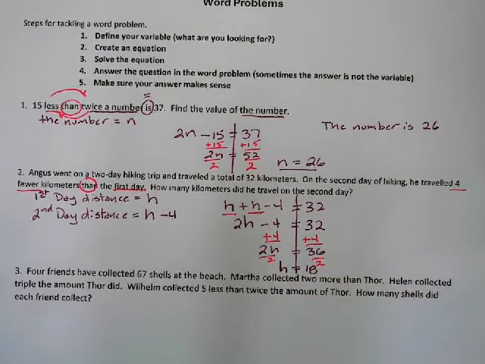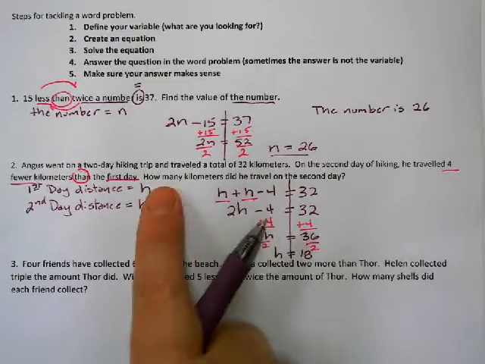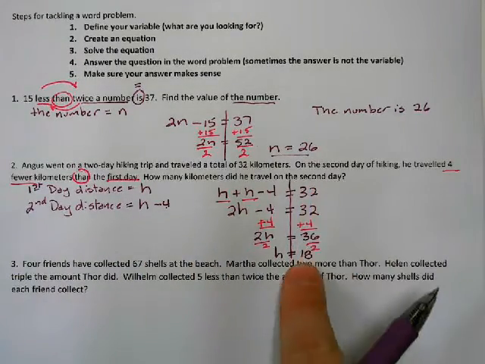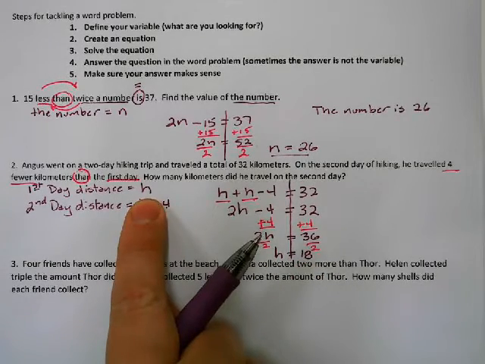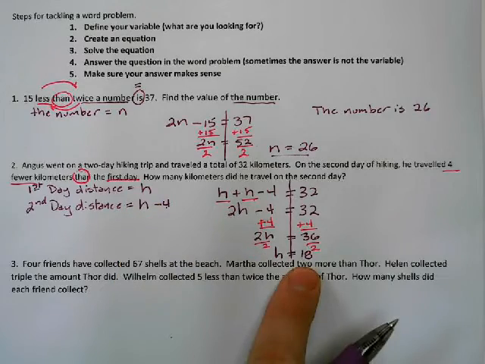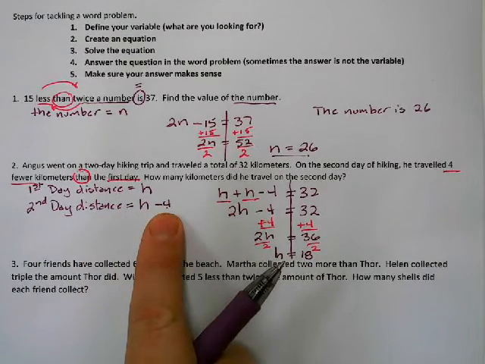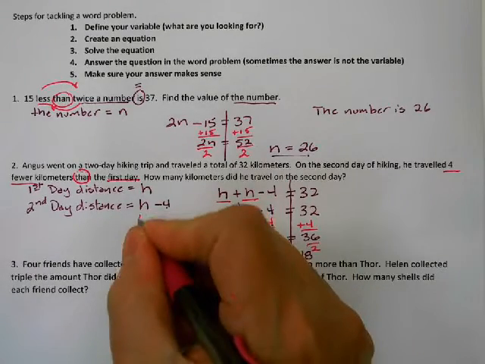Now we're going to answer the question in the word problem. How many kilometers did he travel on the second day? Is it 18? Nope. H is the first day. So that's why we define our variables, because now we can go back and go, oh, for the second day, I'm supposed to do 18 -4. So the second day is 18 -4.